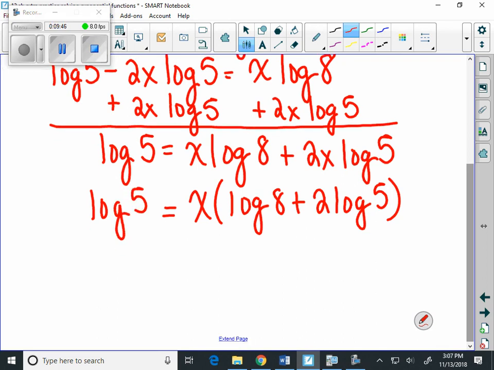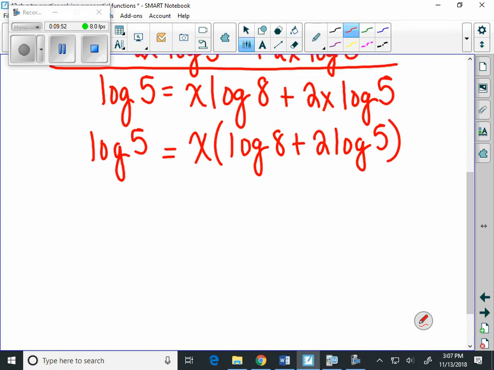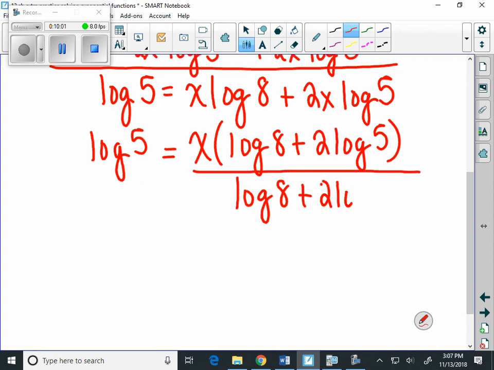But we have our problem in a format that we can simplify now, because it's x times that value in parentheses. We're going to divide by log of 8 plus 2 log 5. And over here, we're going to do the same.